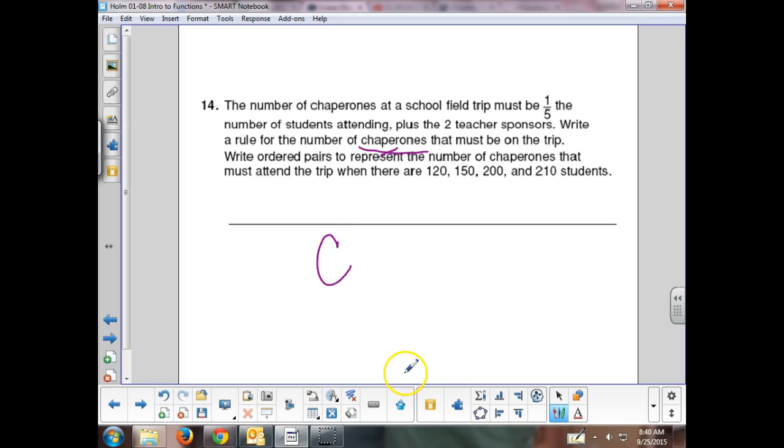That's what you're trying to figure out. How do I find out how many chaperones I need? I take 1/5 of how many students, and I add 2 more teachers. This is a function where my inputs are the number of students and my output is the number of chaperones.